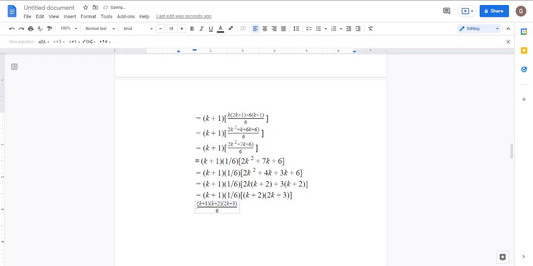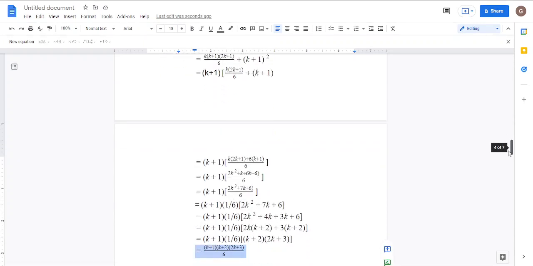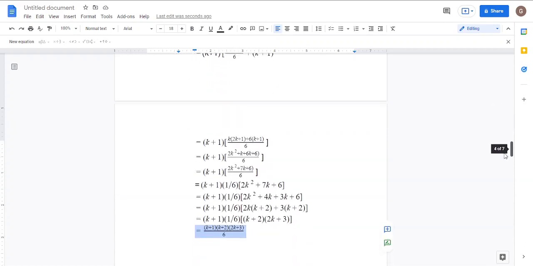So as you can see, we have an equal sign. Good. So this is what we have here. And as you can see above, that is what we wanted to prove: k plus 1 times k plus 2 times 2k plus 3 all over 6.